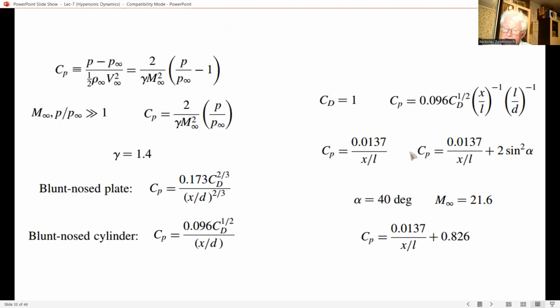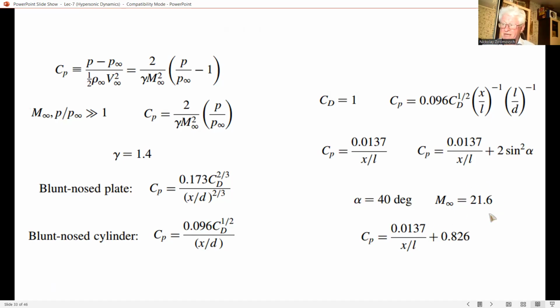This equation is for a 0-degree angle of attack. To take the angle of attack alpha into effect, let us simply add the Newtonian contribution, 2 sine squared alpha, and we can get this expression here. Let us choose a point on the shuttle trajectory corresponding to alpha equals 40 degrees and Mach number 21.6.